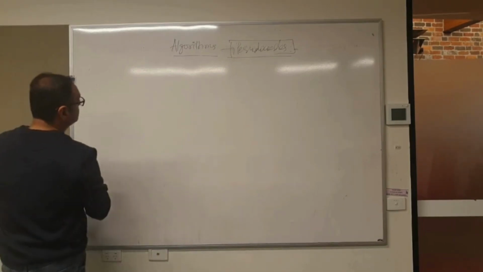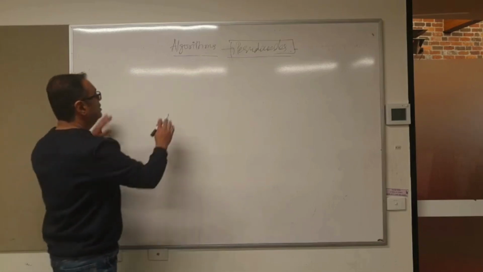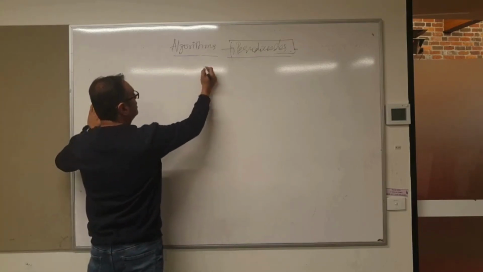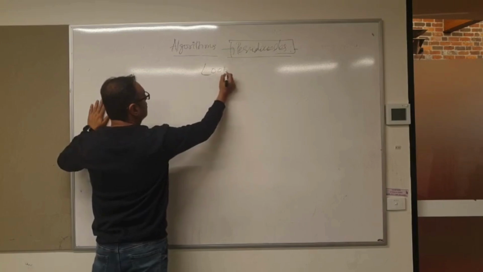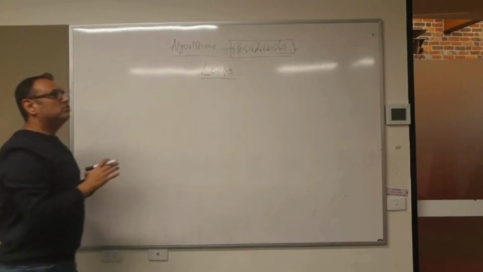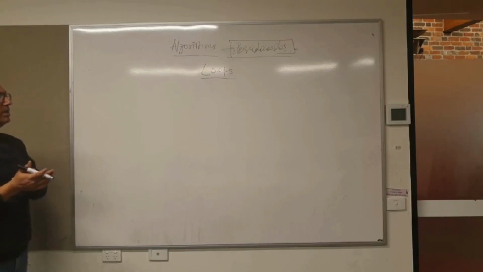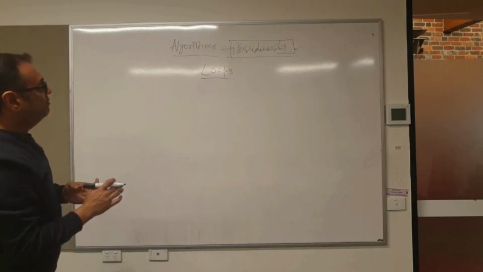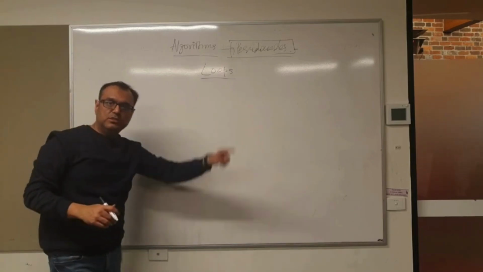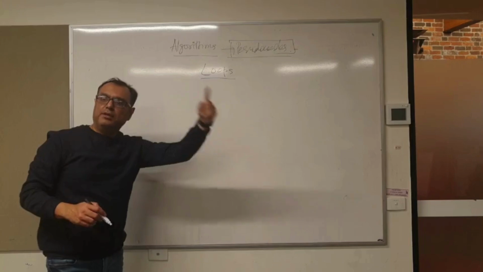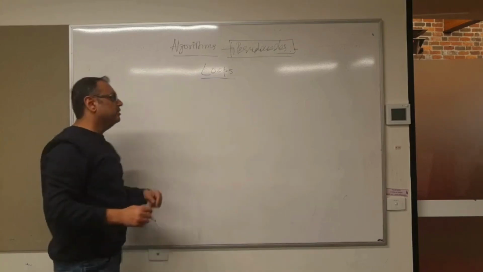Now the next thing that we are learning is called loops. And I think you've got just for loop and while loop in your course, so we'll just quickly cover that. Loop means just repeating stuff, right?